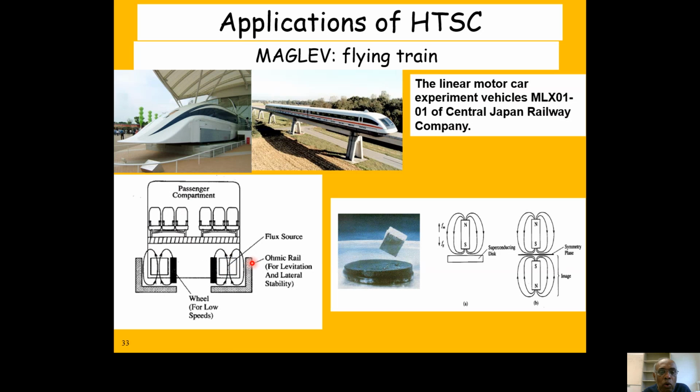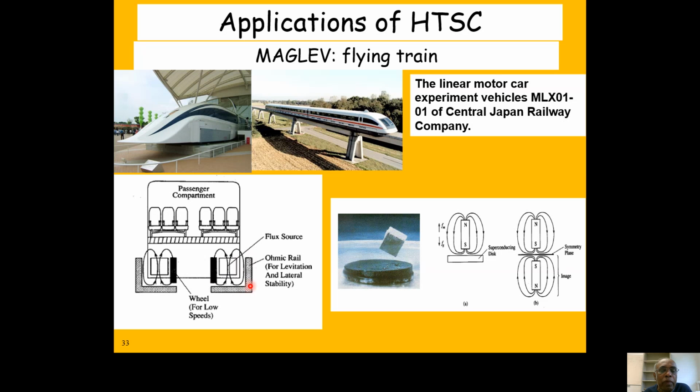Then we have these ohmic rails. Because the magnetic field lines are trying to penetrate the ohmic rail, that gives you some repulsive force, so that makes the wheels cushioned from the rail. That means they are not really touching the rails.